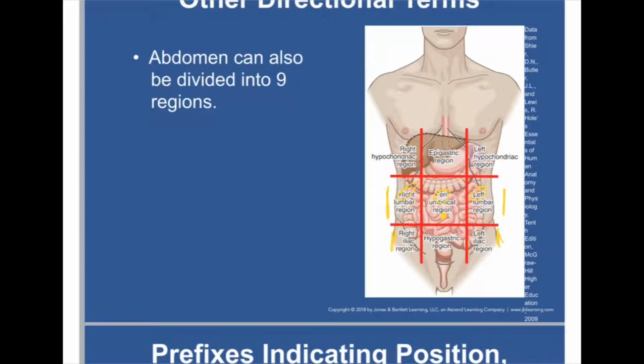You've probably already heard of the epigastric region because hopefully you've heard about epigastric pain. Epigastric pain is usually pain caused by irritation in the esophagus because it runs right through the epigastric region, or the stomach because a big part of the stomach lives here in the epigastric region.